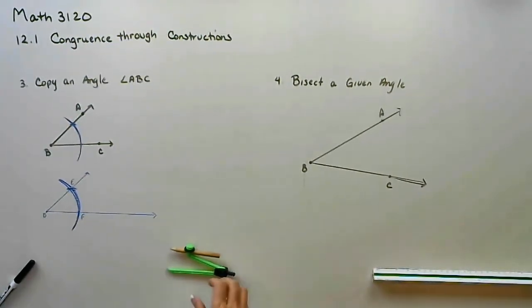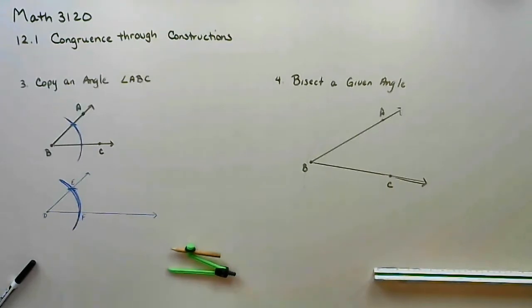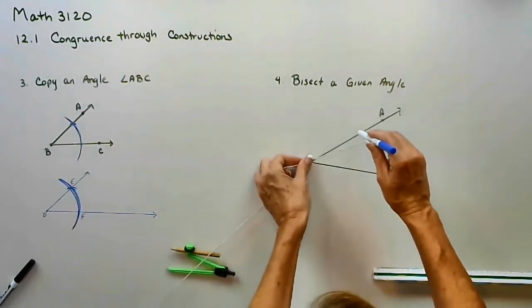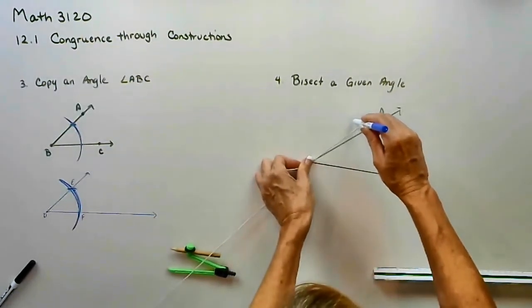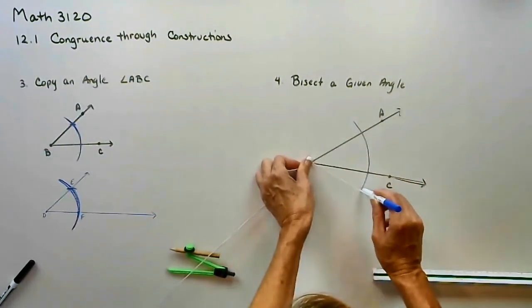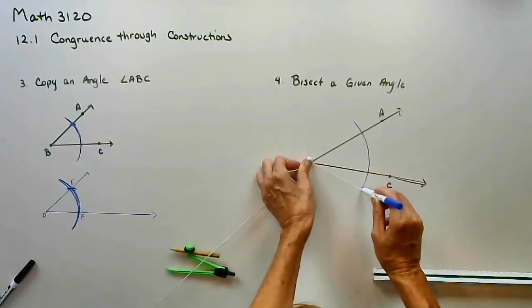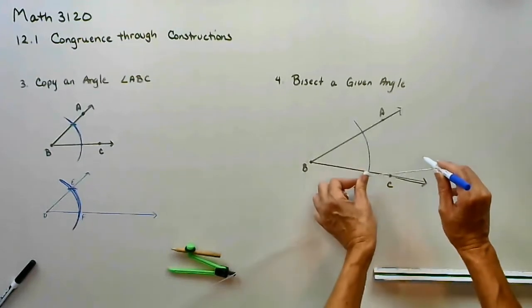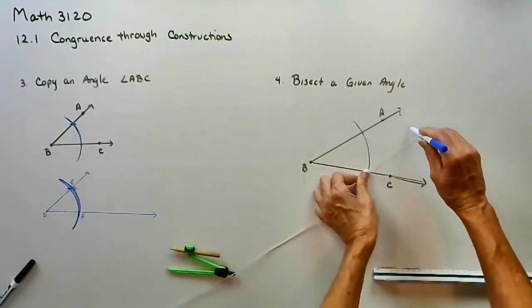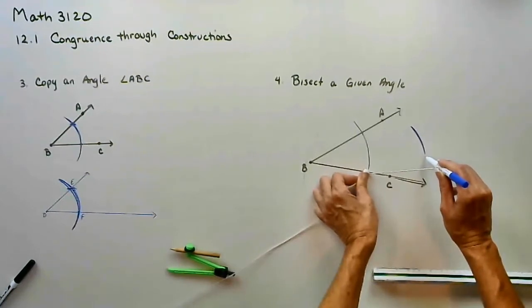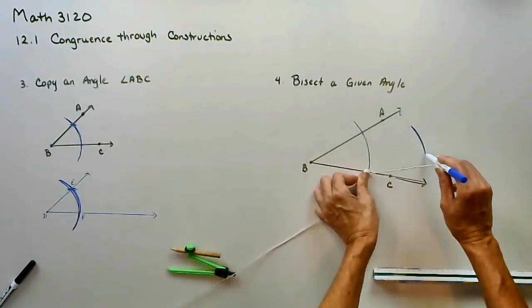So what I'm going to do first is use my compass to swing an arc that intersects both sides. Okay? Then I'm going to pick my compass up, and I'm going to go to one point of intersection and swing an arc out here somewhere in the interior. Don't change anything.